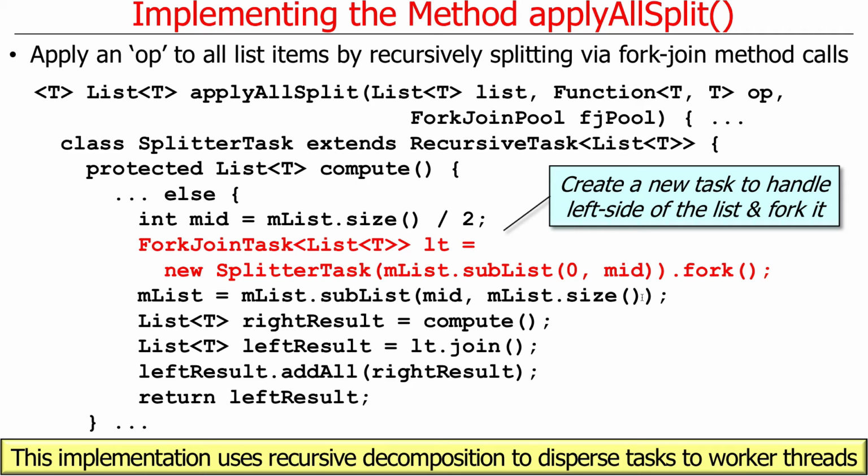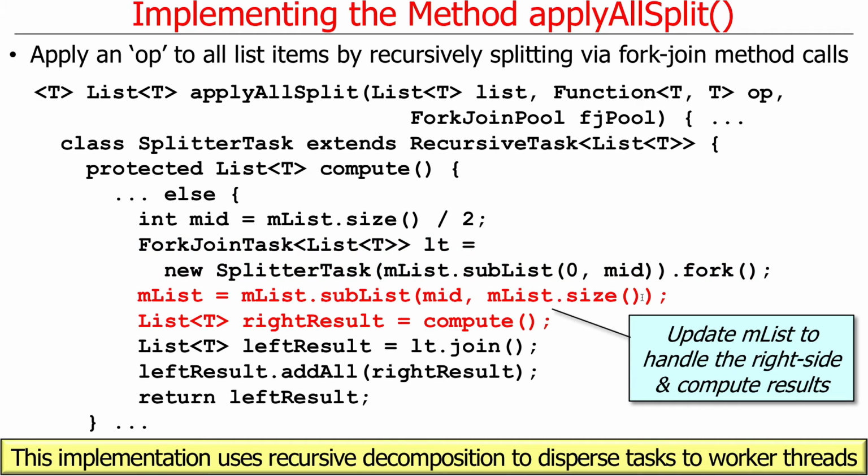So that's a new task, and we've forked it, so it'll be put onto the queue to be run. And then we go ahead and make a new list for mlist, which is going to be the current list from the midpoint to the end. So now we've got the right-hand side of the list, right? So we've now split the list into 2.